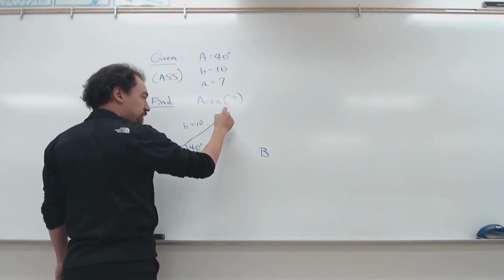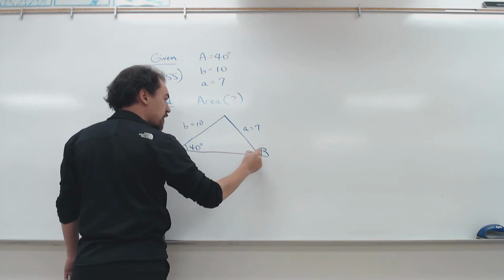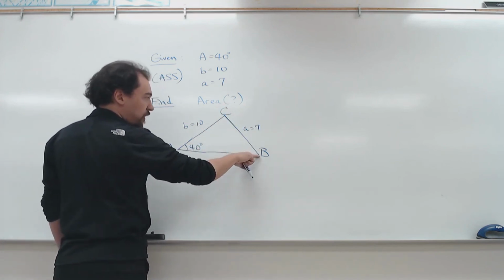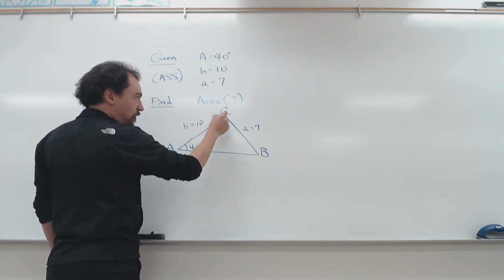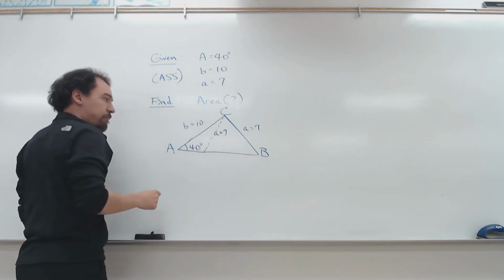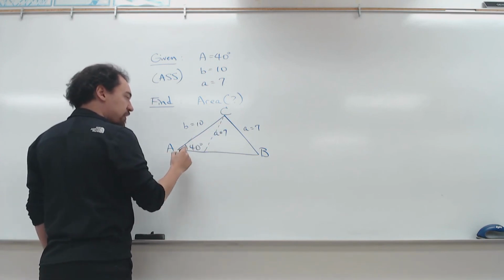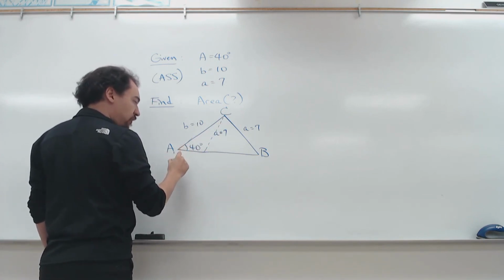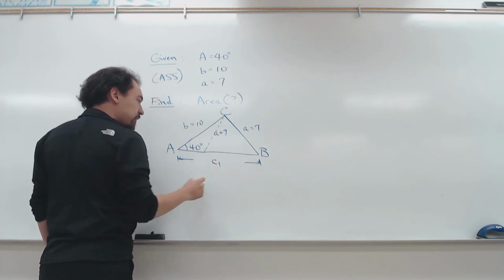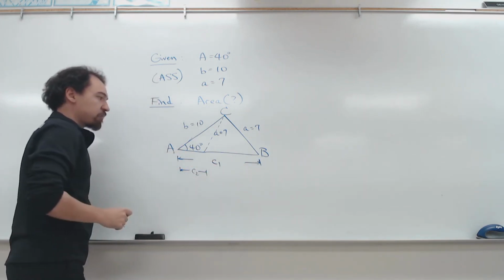If I put side a to be that way, then I have one case of the triangle, but we already know from last time that we can also close a triangle this way and have a potential a equals 7 here. Now in the two cases, we mentioned that there was a c1 for this entire thing, but there was also a shorter c2 for the smaller case of the triangle.